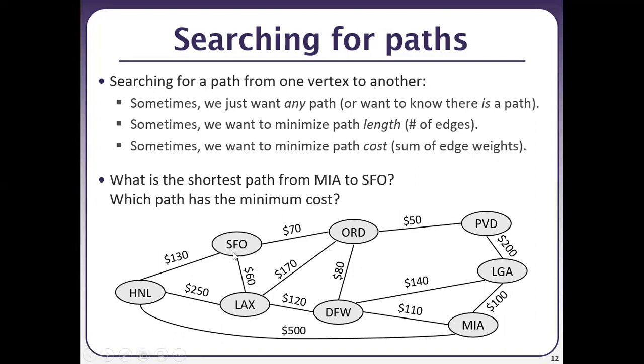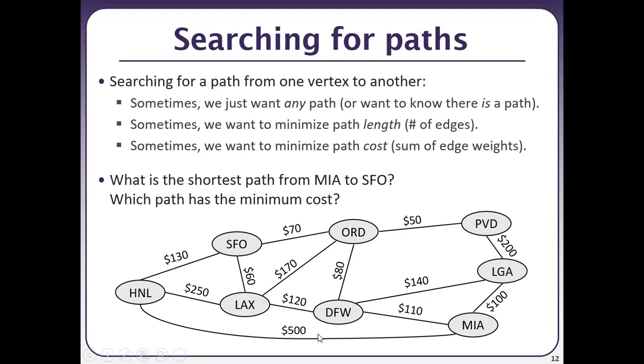If we consider the path from SFO to DFW, from SFO to LAX is $60 plus 120. So if you're going from SFO to LAX to DFW, the total length will be $180.